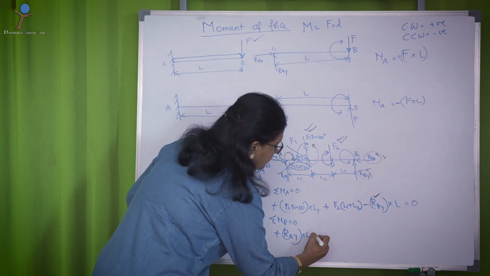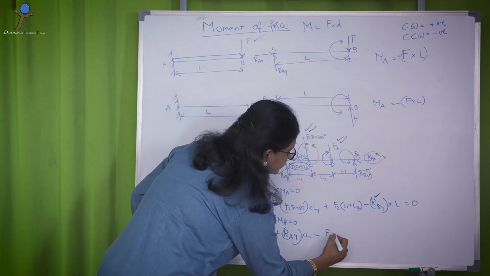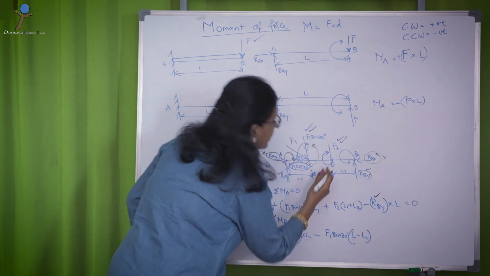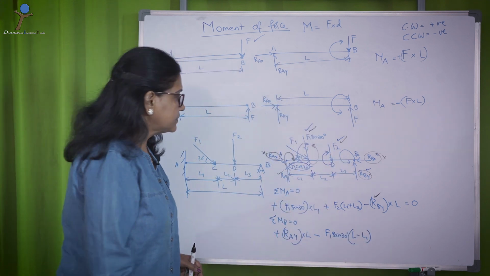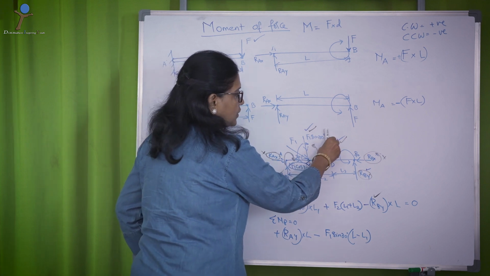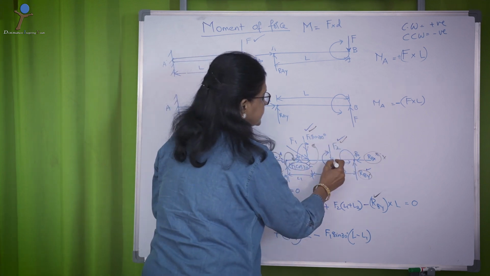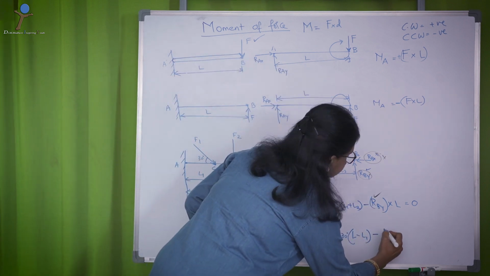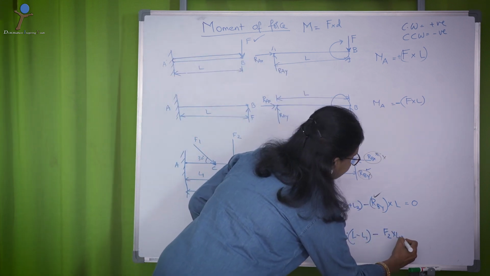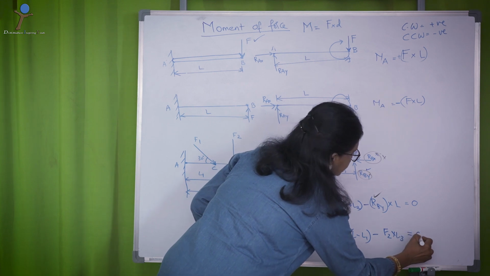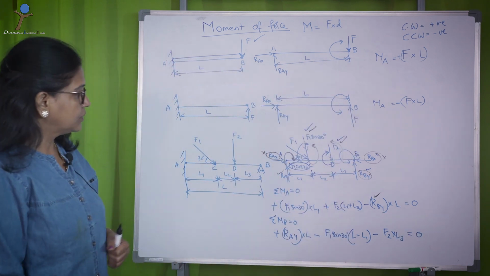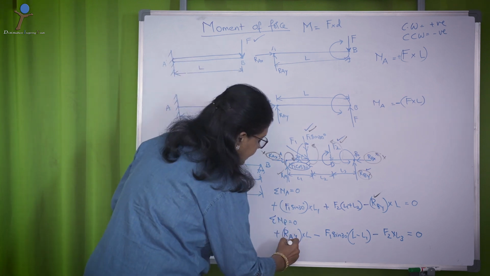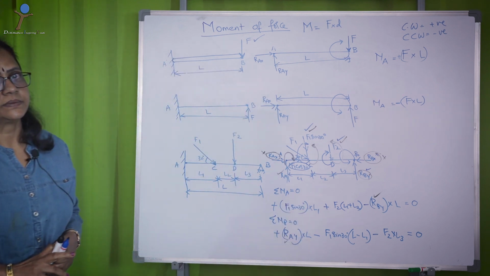That means minus F1 sin 30 into L minus L1 or L2 plus L3. Then F2 rotated towards the moment center B is again counterclockwise. So, F2 multiplied by L3 is equal to 0. So, having known the values of F1, L, L1, L2, L3, you can calculate RAY from this relation.